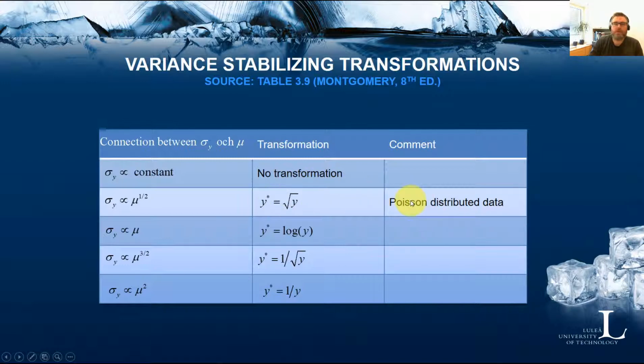This is a common transformation for Poisson distributed data, and so on. So you have a couple of standard variance stabilizing transformations dependent on how the connection between the variance or the standard deviation of y and the expected value is.